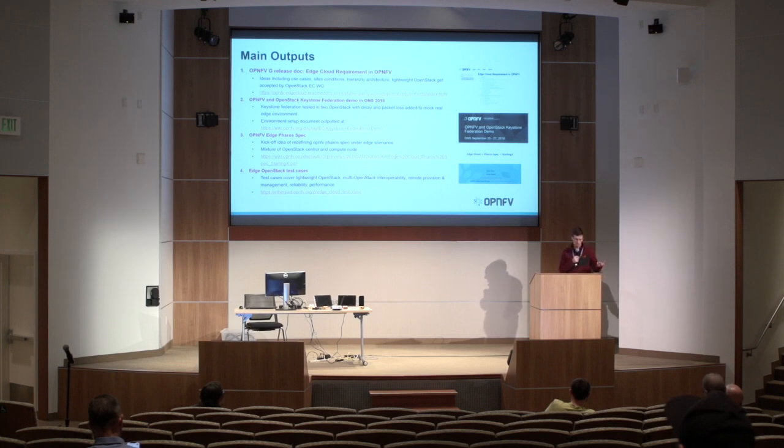We simulated some delay and packet loss between those deployments, and looked at how you deal with verification and identity issues in that kind of an edge cloud scenario. And again, there's a link here where you can have a look at a presentation on that.